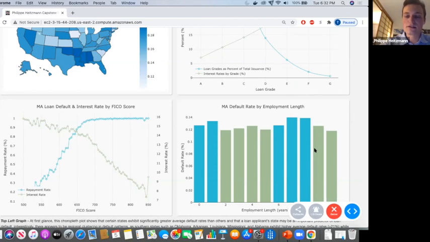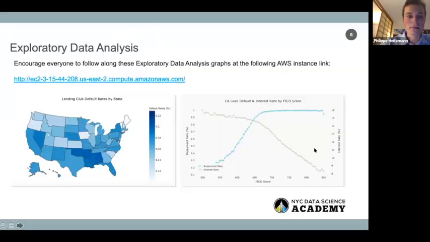So this is all meant to build some intuition about what's going on in the data and what might be interesting to do later on in terms of feature engineering, creating new features based on all these different relationships that we're seeing already, to then extract even more information out of our data and create even more accurate and robust machine learning models.